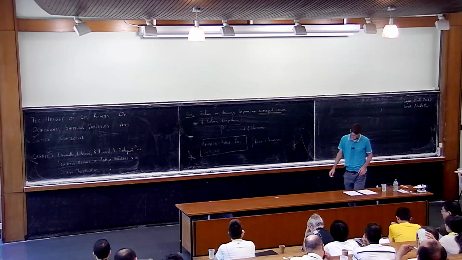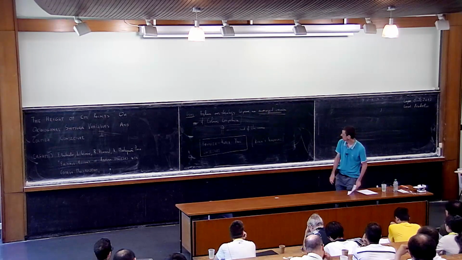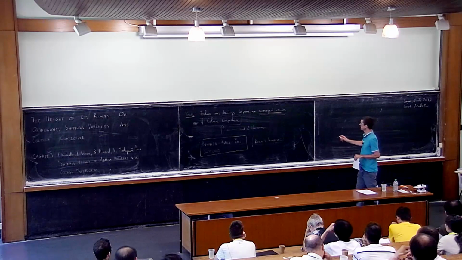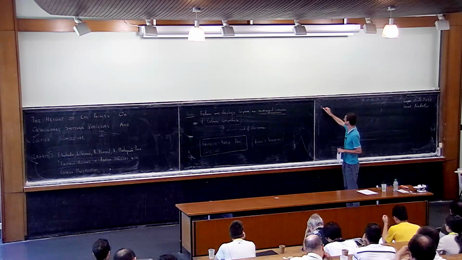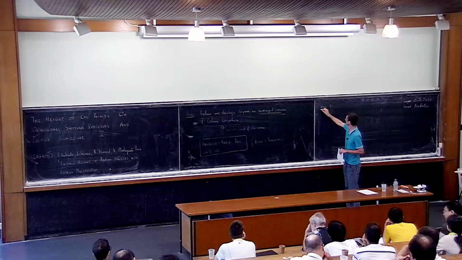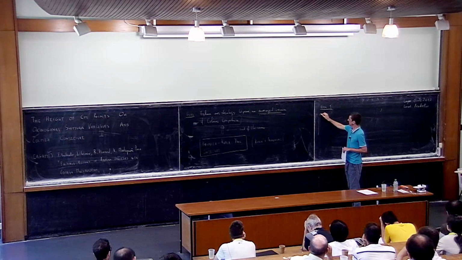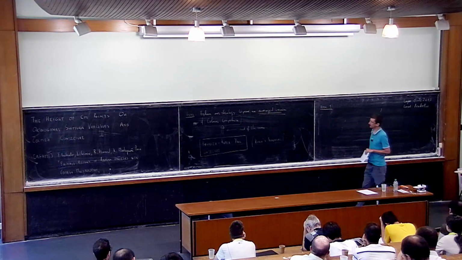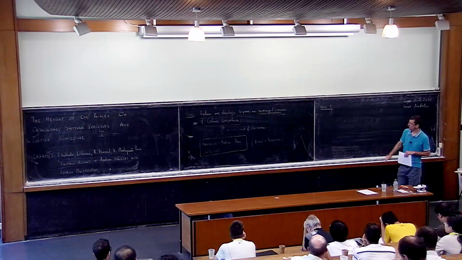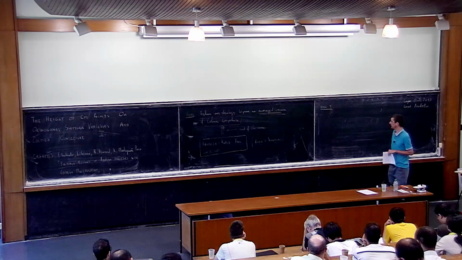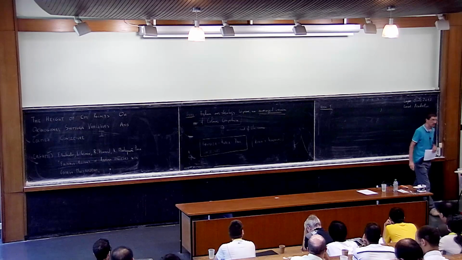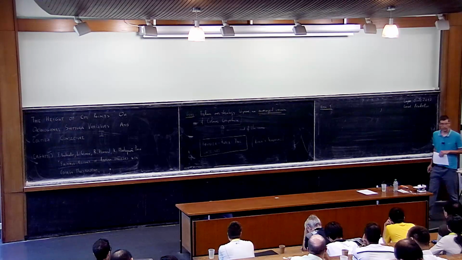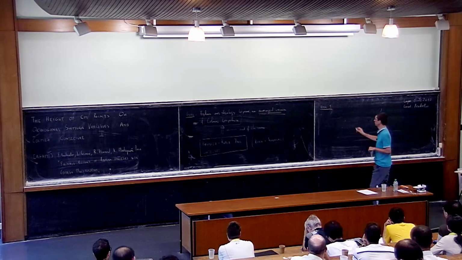Okay, and before I forget, let me mention 2 things. First of all, the weaker version of Colmez conjecture that we prove has been used by Jakob Zimmermann to get an unconditional proof of the André-Oort conjecture.